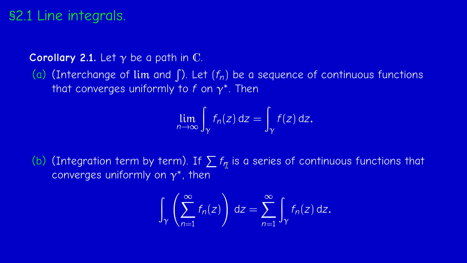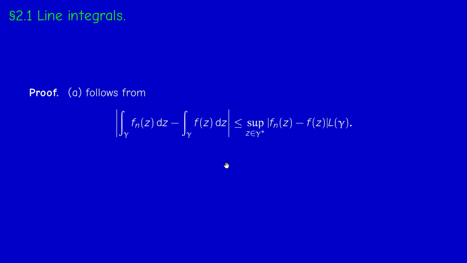Now this is not difficult to prove. Part A actually follows from the fundamental estimate. When I take the difference between the integral of f_n and the integral of f in modulus, first of all, I can put everything on one side, so it's the integral of the difference. If I apply the fundamental estimate to f_n minus f, I get the length of gamma times the maximum of the difference in modulus.